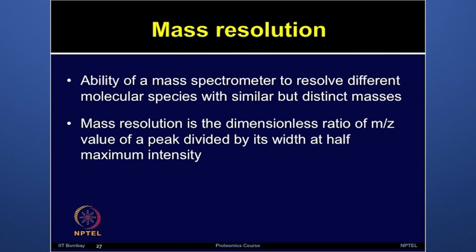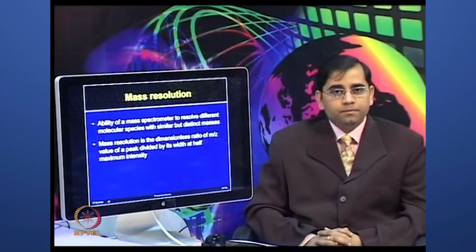So, mass resolution is the ability of a mass spectrometer to resolve different molecular species with similar but distinct mass. Mass resolution is a dimensionless ratio of the m/z value of a peak divided by its width at half maximum intensity.